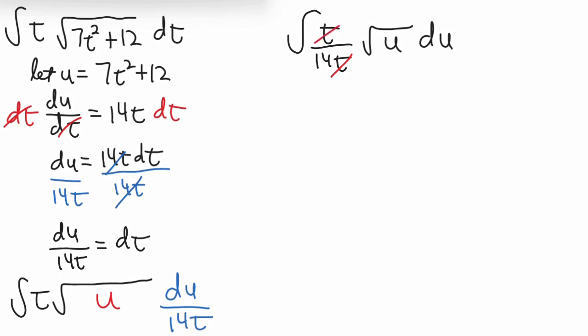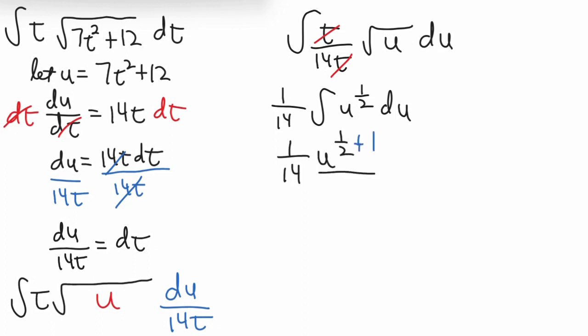It's in the denominator, so we're going to go 1/14 integral of square root of u, which is u to the 1/2. And then to take the integral of that, u to the 1/2 just becomes u to the 1/2 plus 1 all over 1/2 plus 1. And don't forget the plus c, your constant. So we have 1/14 times u to the 1/2 plus 1, which is u to the 3/2.